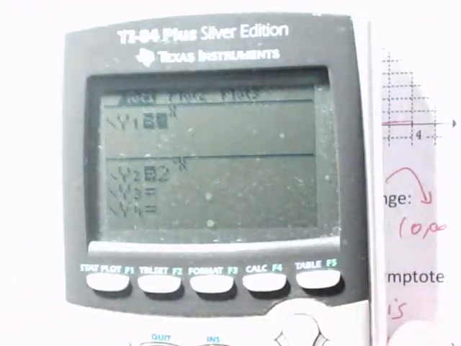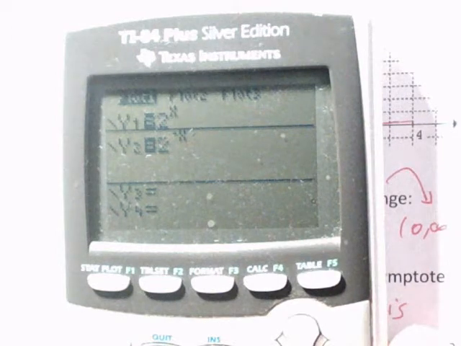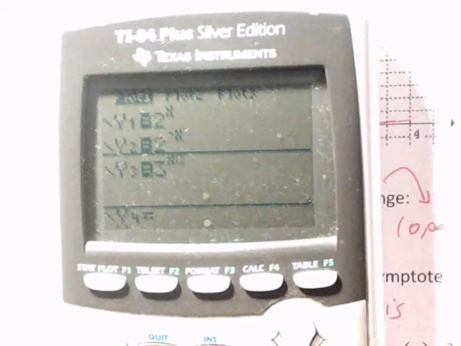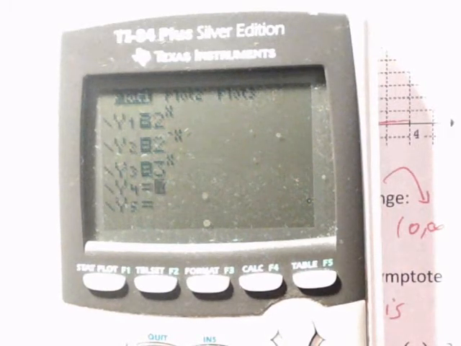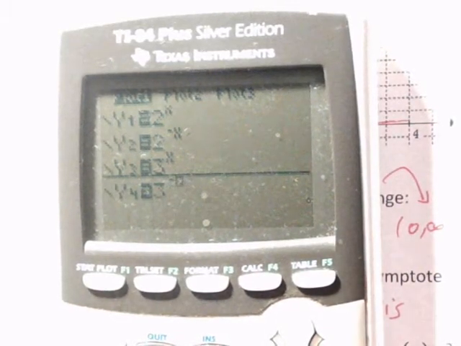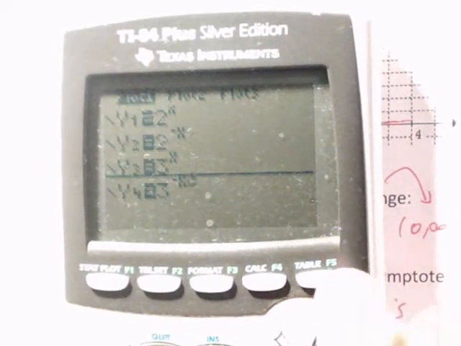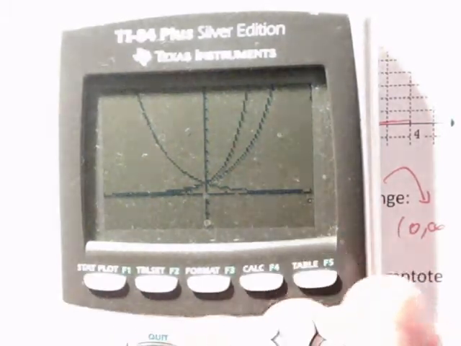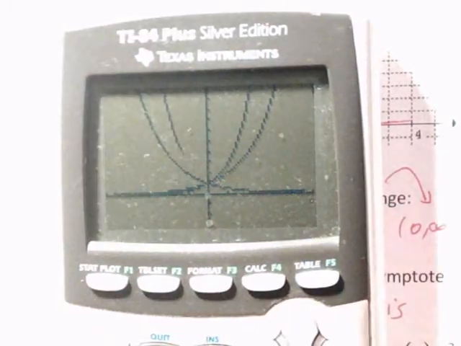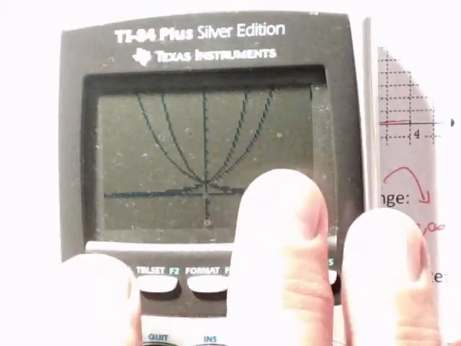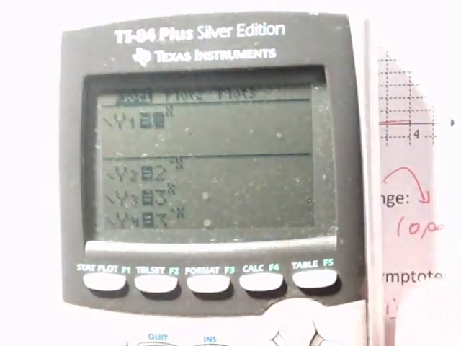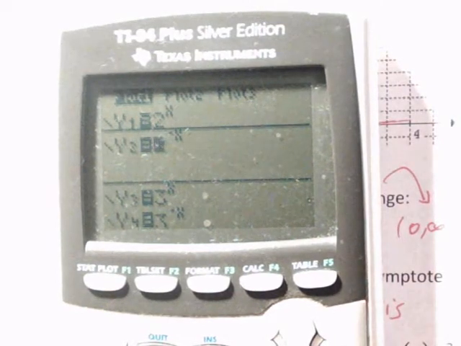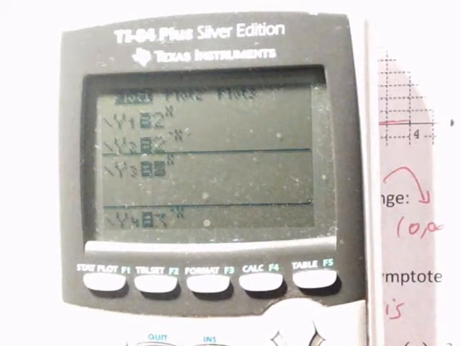I have 2 to the power x, 2 to the power negative x, then 3 to the power x, and then 3 to the power negative x. Okay, see what happens. Let's say 2. I want to do all of them again together.